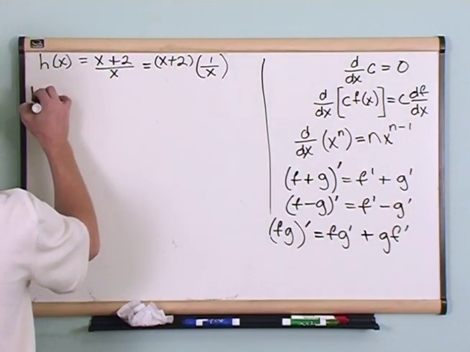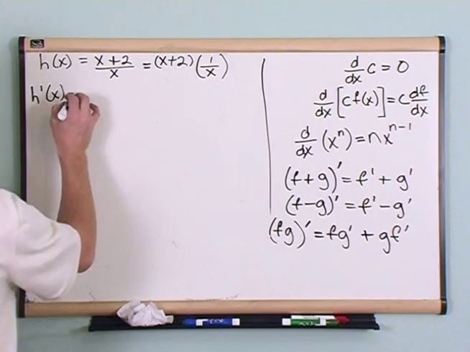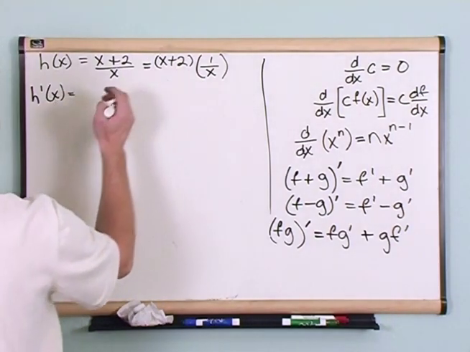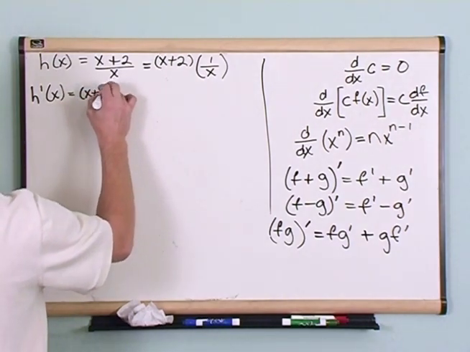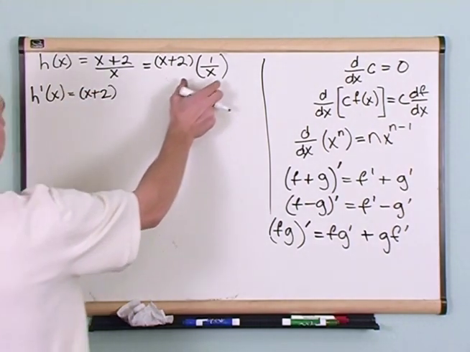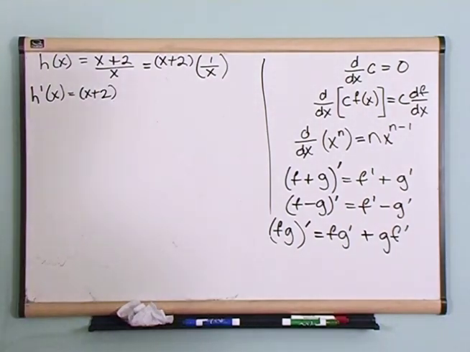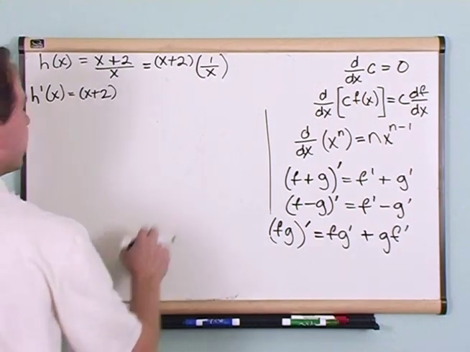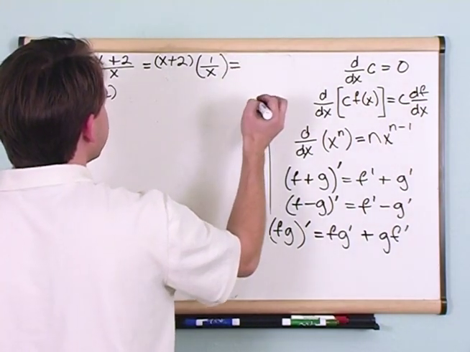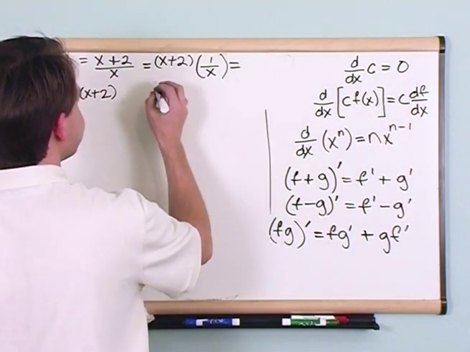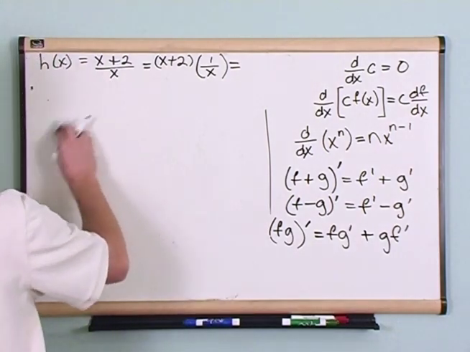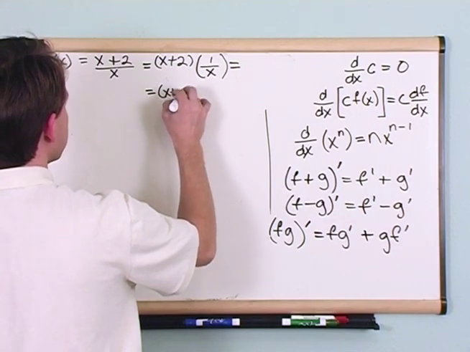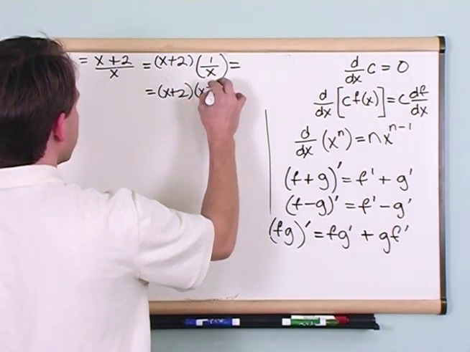So in order to find the derivative, h prime of x, and this is exactly how I think about it when I work problems, I say first, which is x plus 2, okay, times the derivative of the second. But the problem here is that doesn't look like you know how to take the derivative of it. So you can further rewrite this: it is simply equal to x plus 2 times x to the negative 1.